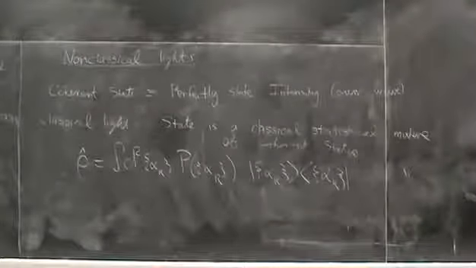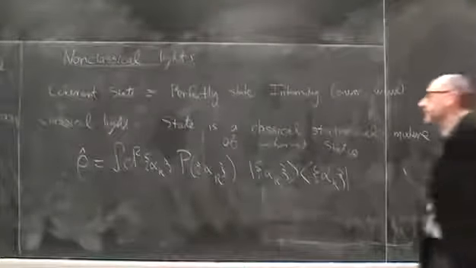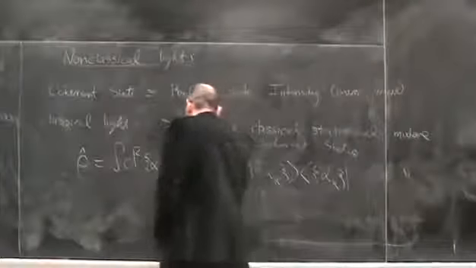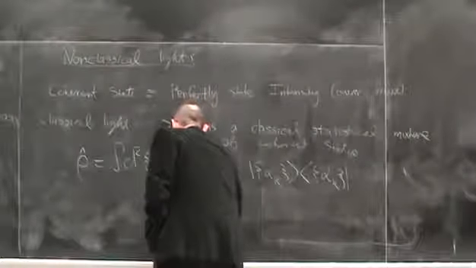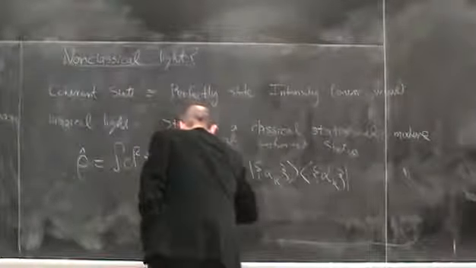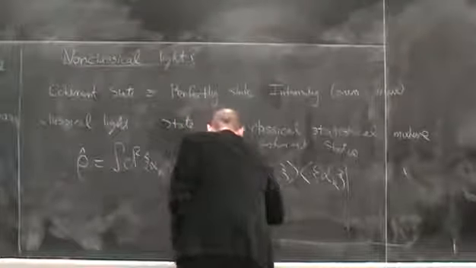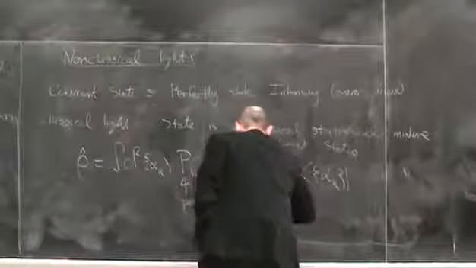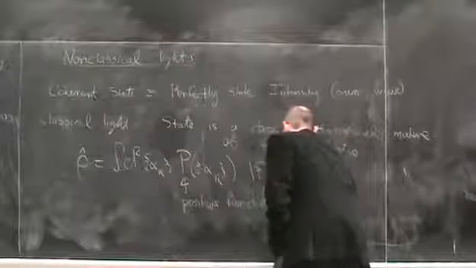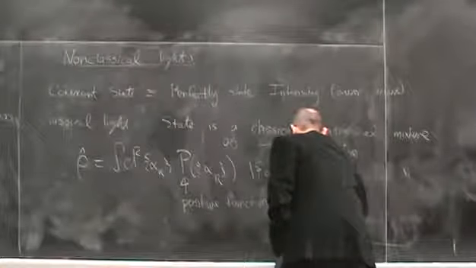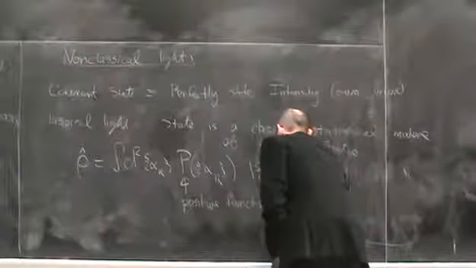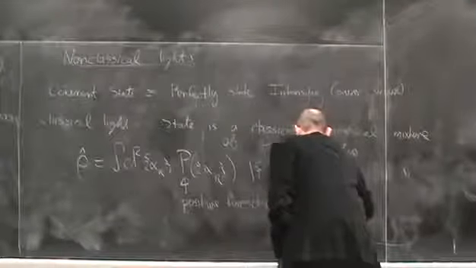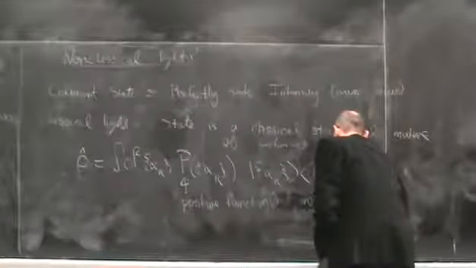Okay? And what it means for this to be a classical statistical mixture is that this function is a positive function, non-singular, or not more singular than a delta function.